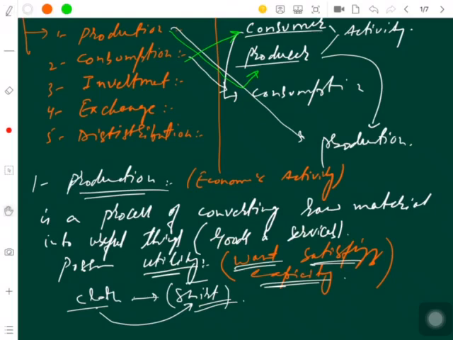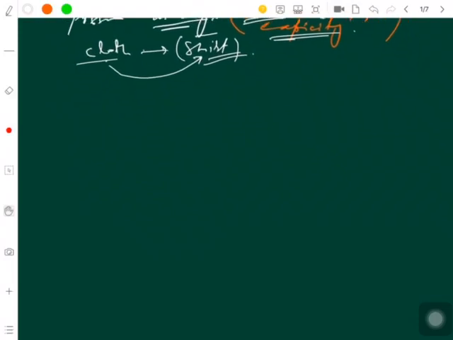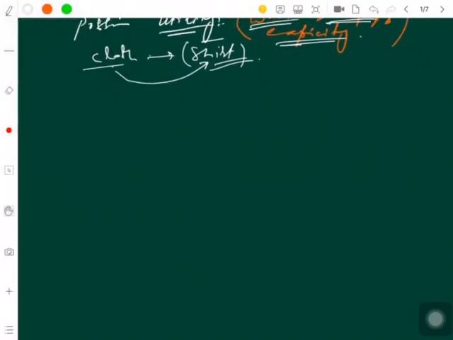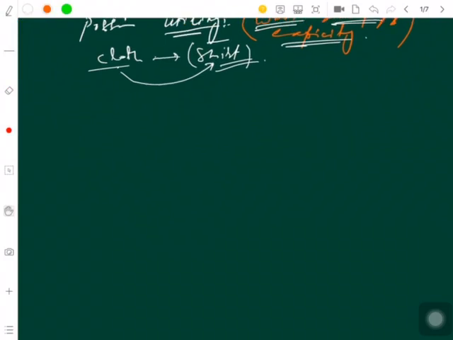Second thing we are going to talk about is consumption. So what is consumption now? A consumer consumes the goods and services produced by a producer. That means consumption is a process also.